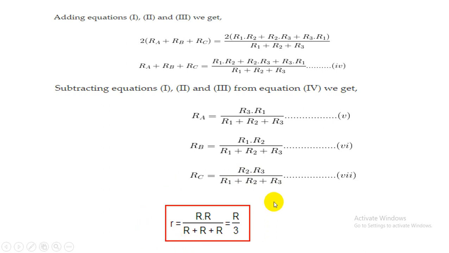Here we can see if R1 is equal to R2 is equal to R3, meaning the resistances are all equal in magnitude, then the converted resistance value is equal to R by 3. After converting from delta to star, the resistance value is reduced 3 times as compared to the single resistance value.